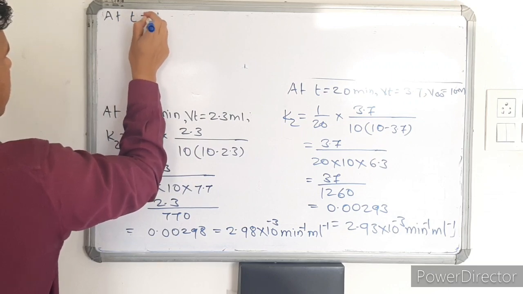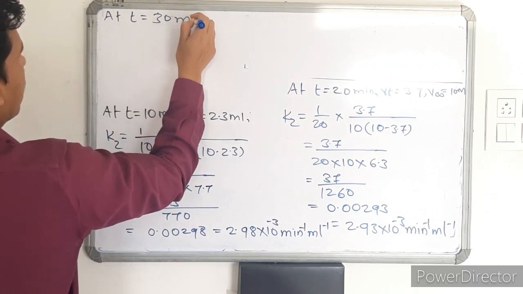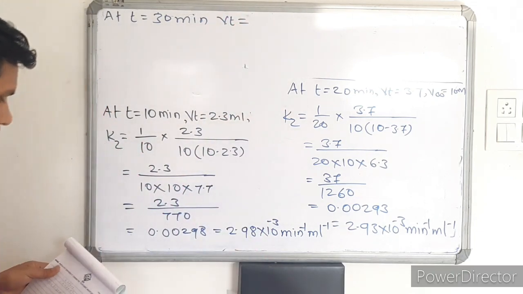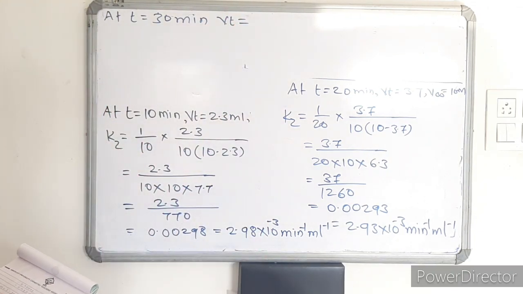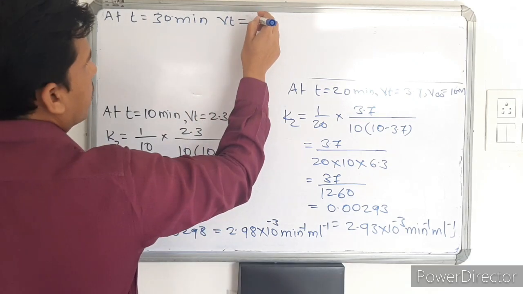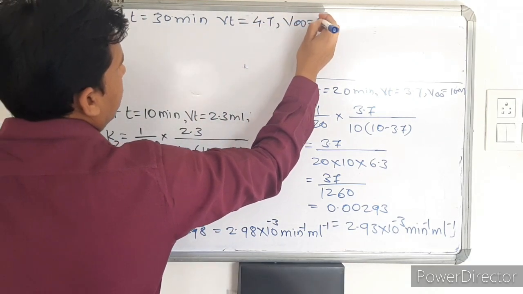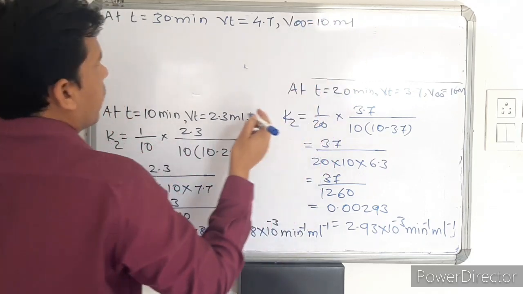At time t is equal to 30 minutes, Vt is equal to 4.7 and V infinity is equal to 10.